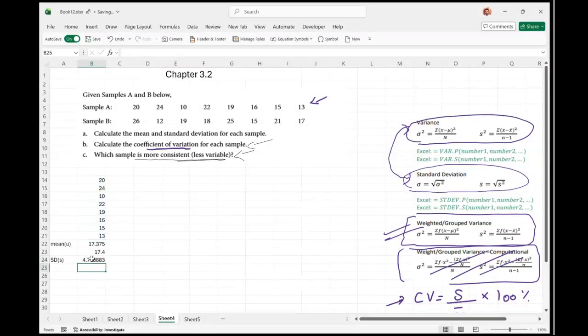That's going to give me the standard deviation. Again, if you have to round this, equal to round to 1 decimal place. All right, so this is the number you're going to get. This is the standard deviation for sample one, and this is the mean for the sample.